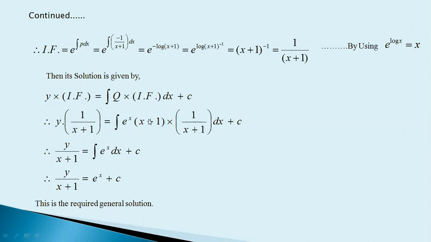Here this x plus 1 gets cancelled, just remains here integration of e raised to x dx. And as we know, the integration of e raised to x dx is equal to e raised to x. The last answer is y upon x plus 1 is equal to e raised to x plus c. Here it is the required general solution of the given differential equation.